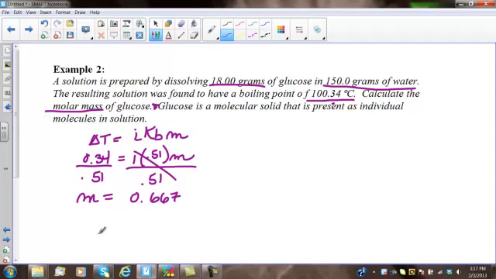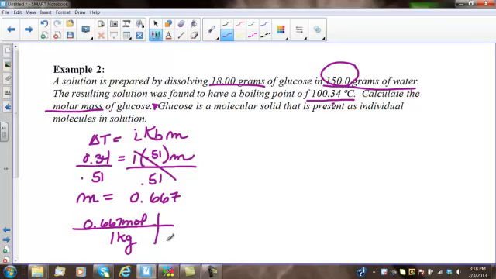Alright, so we have 0.667 moles per 1 kilogram, because that is the definition of molality, moles per kilogram. And we know in this case that we have 150 grams of water.